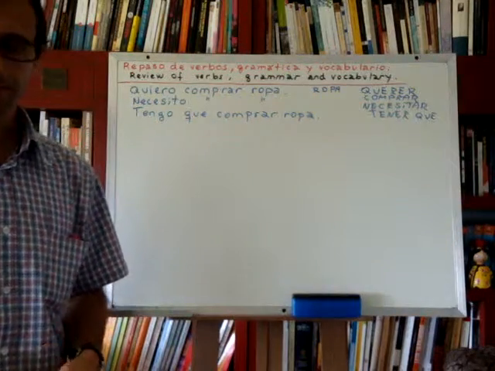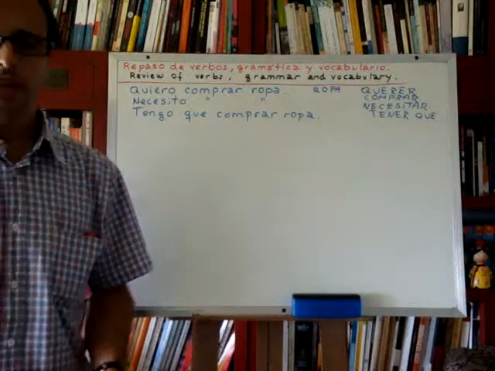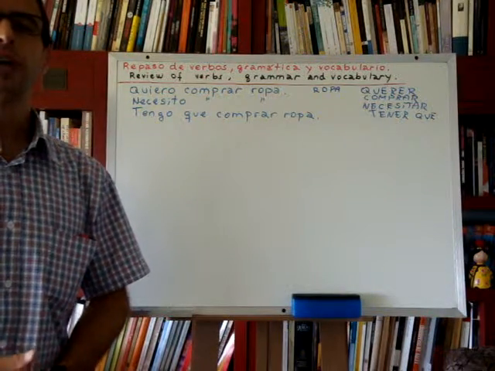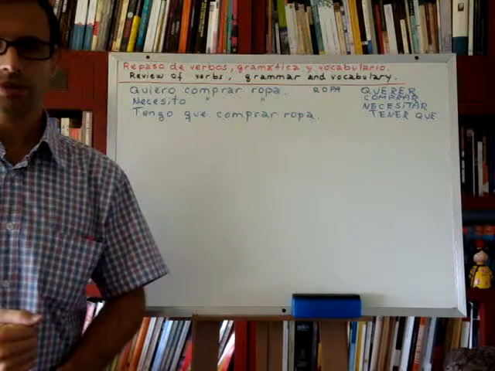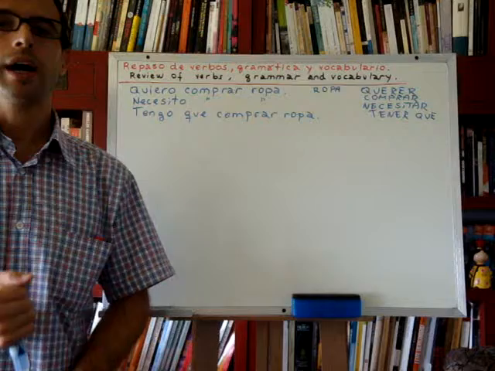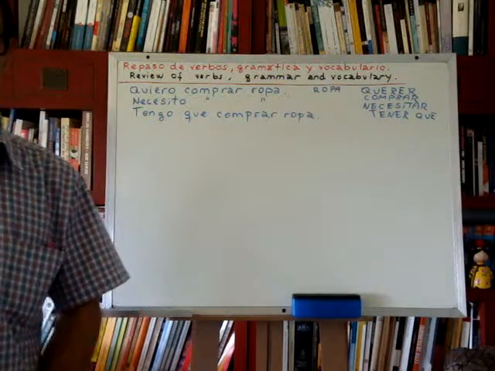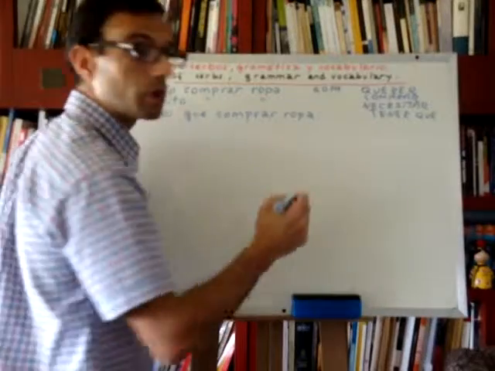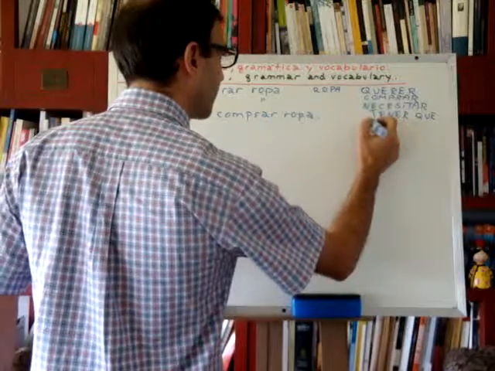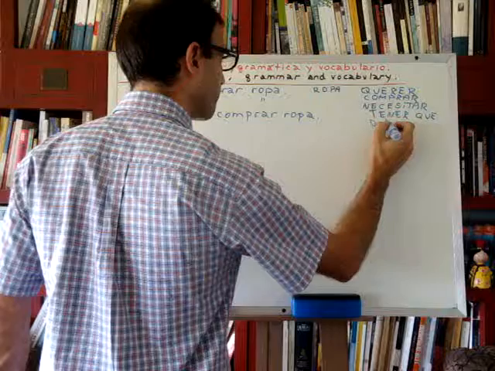Tengo que comprar ropa. And if we want to say another way, I should buy clothes, or I should buy some clothes. Okay? How would we say that? The verb in Spanish for should is deber. Okay?